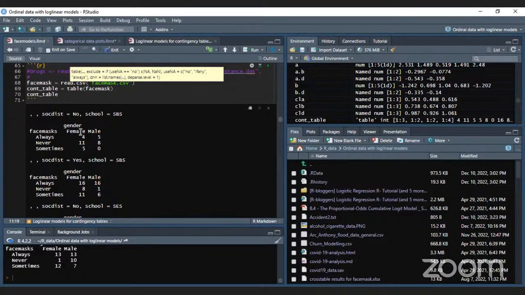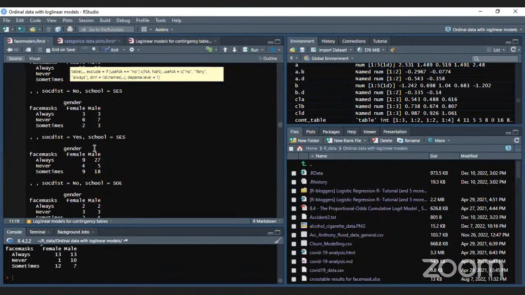We want to compare face mark usage and gender. Do they have any relationship? The null hypothesis will be that gender and usage of face mark are not related. So that's just going to be the hypothesis here.